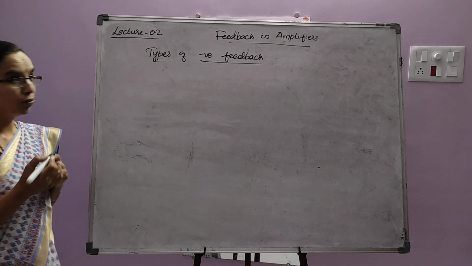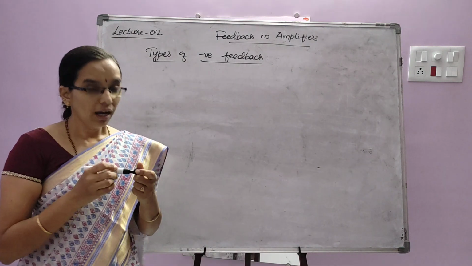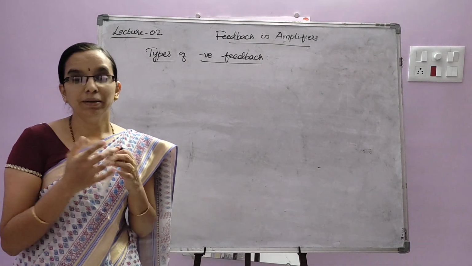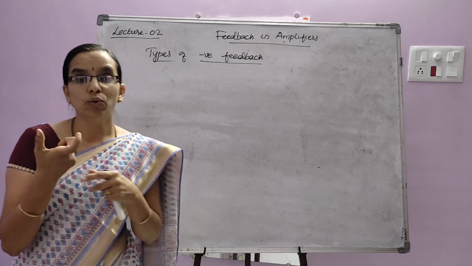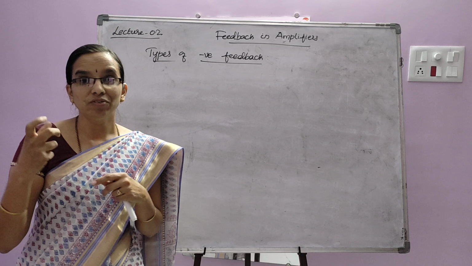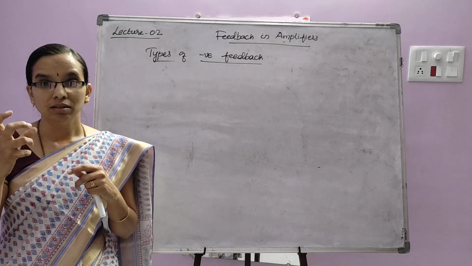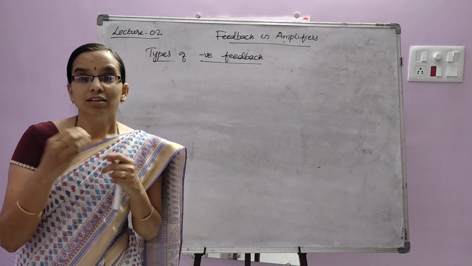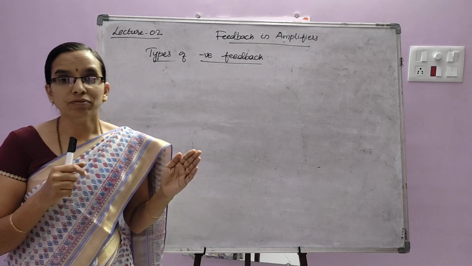In that we have 4 types, depending on whether we are sampling the output voltage or the output current. Which output we are taking, and in what type of connection we are feeding it back.